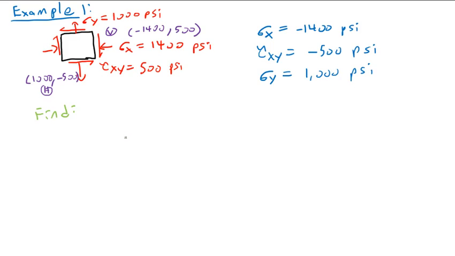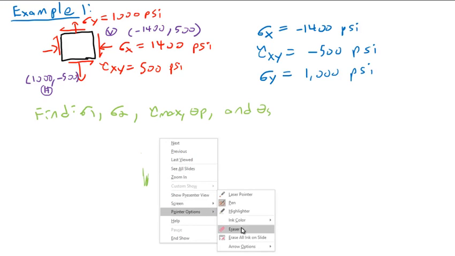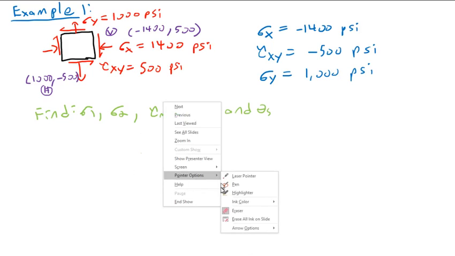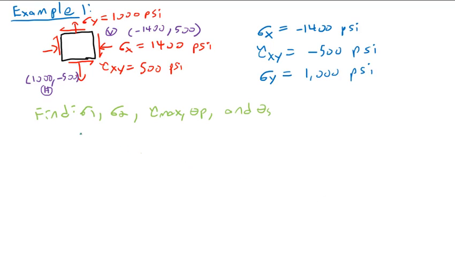We want to find sigma 1, sigma 2, tau max, theta p, and theta s. Solution.